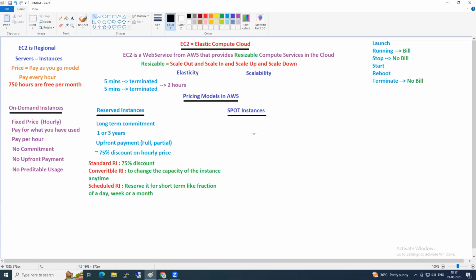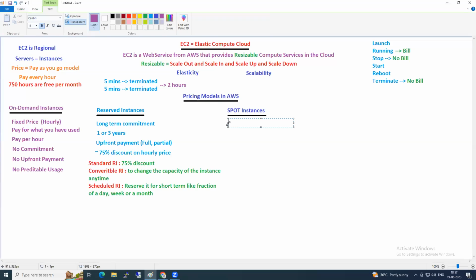If you have databases, will you go for spot? No. If you have application servers, will you go for spot? No. If you want to do some temporary work, go for it. You understood? That is called spot. So anywhere in interviews or certification questions, if they talk about bidding or auctioning, it is spot.